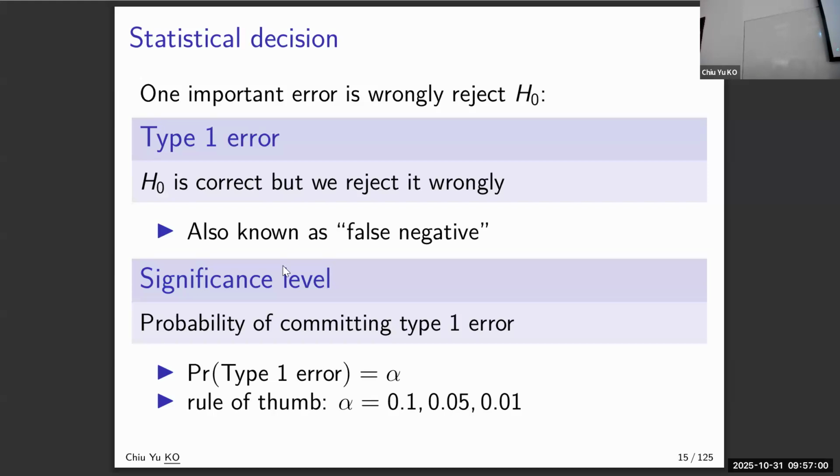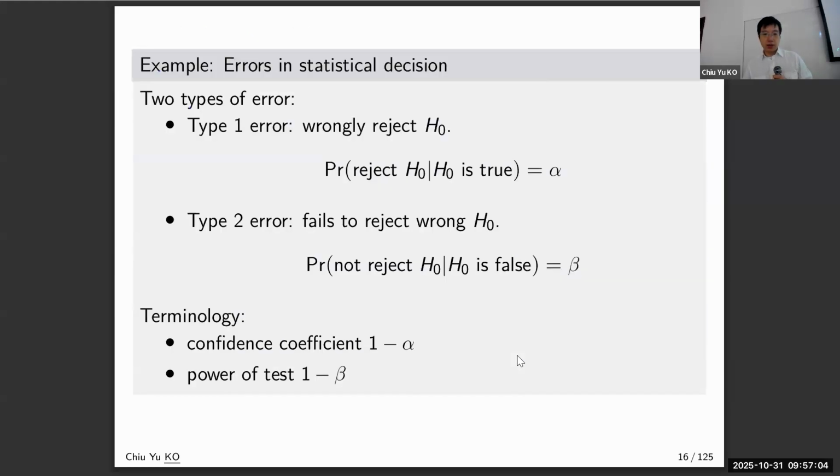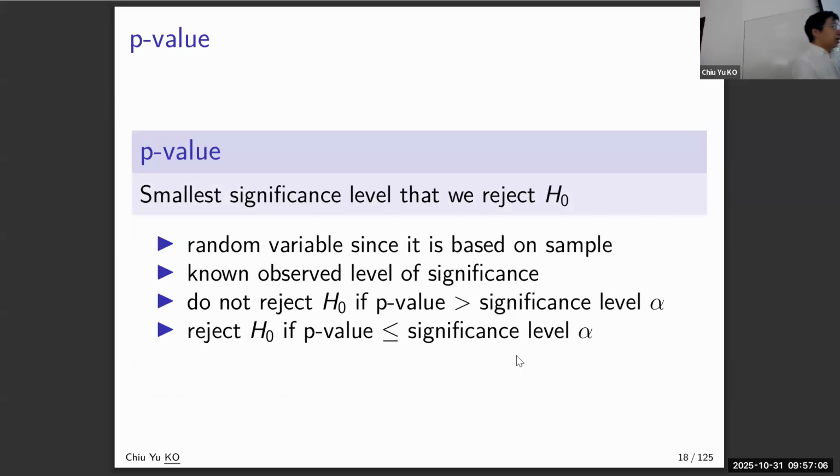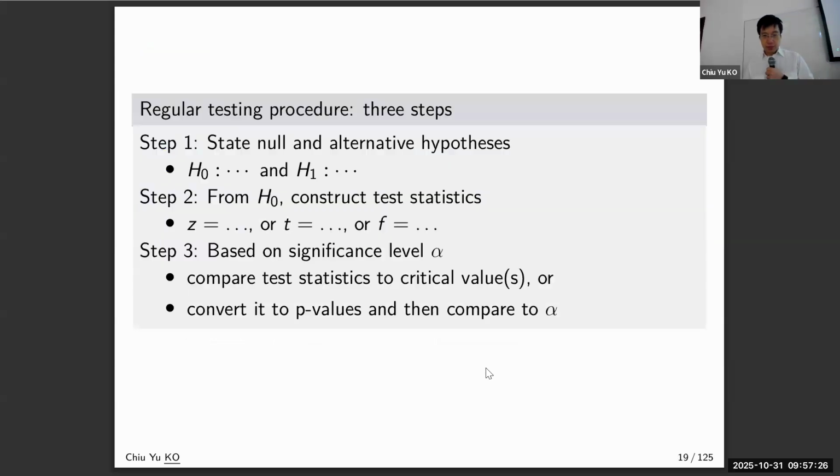And the other way is you try to say how likely it is that you observe the data given your null hypothesis. If this is very unlikely, a very low value, then you would think that the null is not true. So there are two ways to get these two numbers.